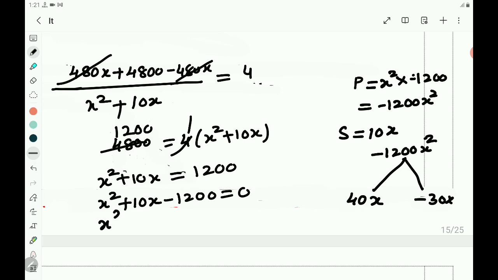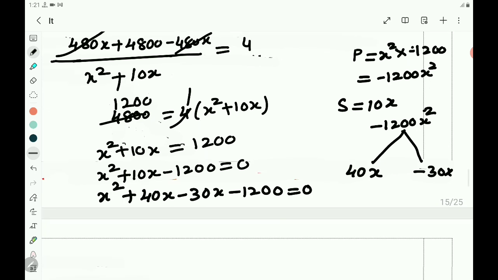Then you write x square plus 40x minus 30x minus 1200 equals 0.